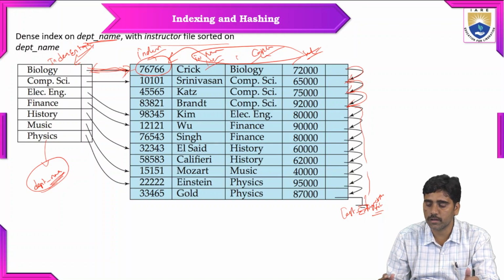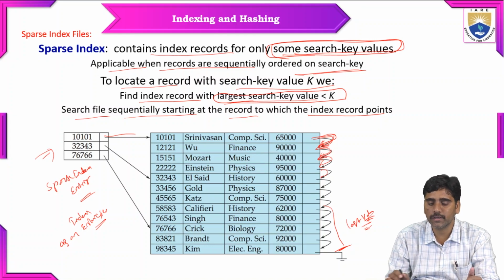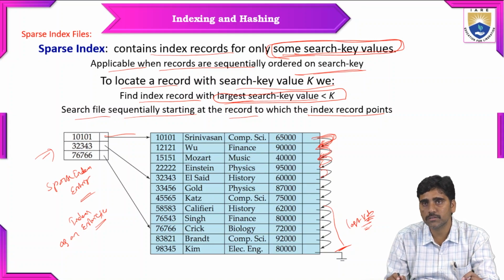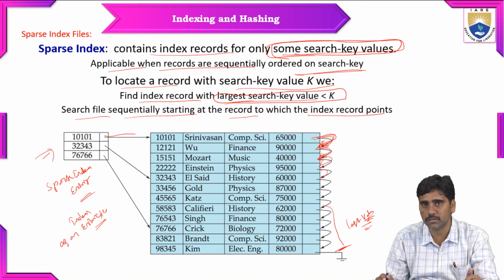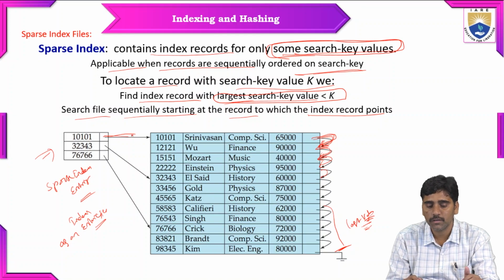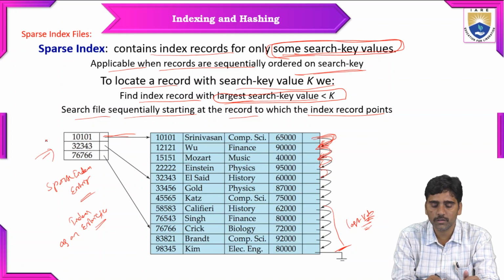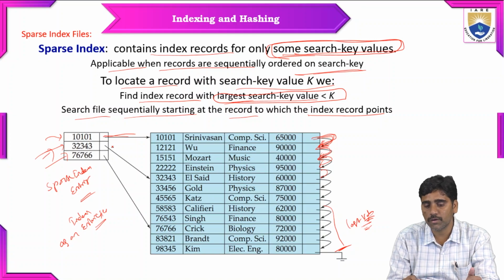And sparse index files contain index records for only some search key values, and they are also kept in sequential order of the search key values. So here we take only some of the search key values, and with those search key values we search and look up the records in a file.